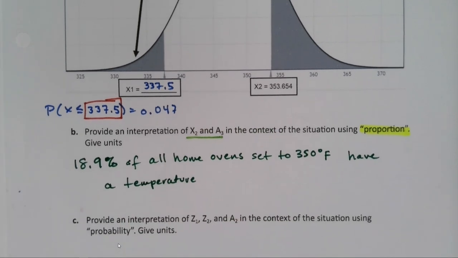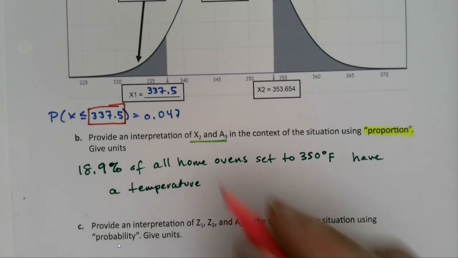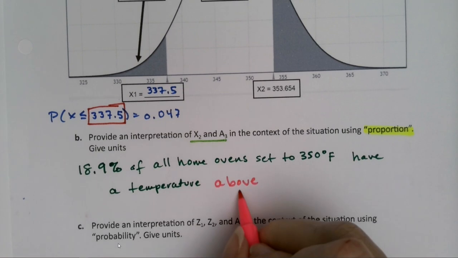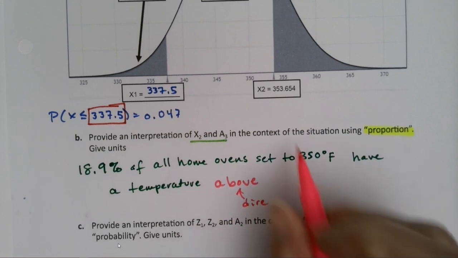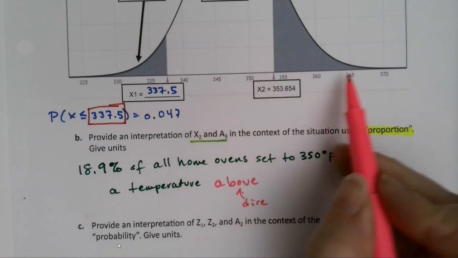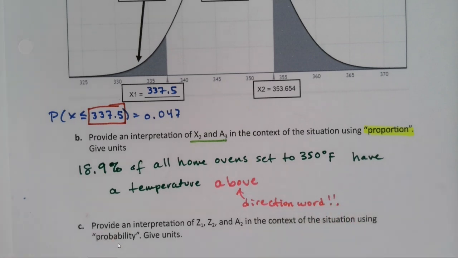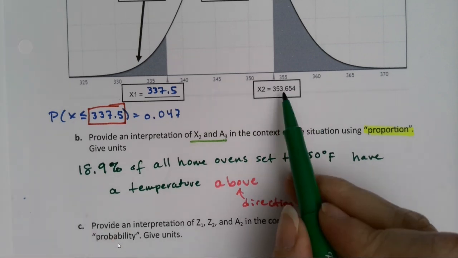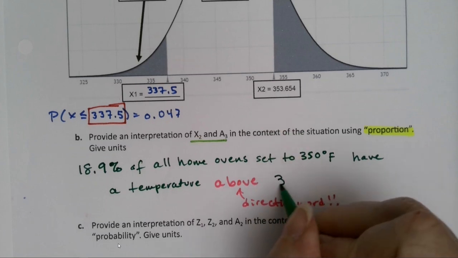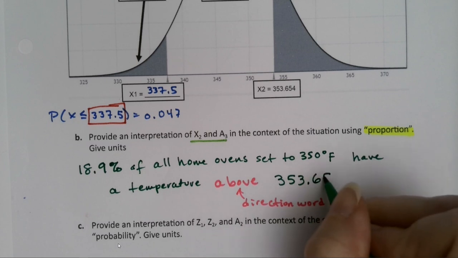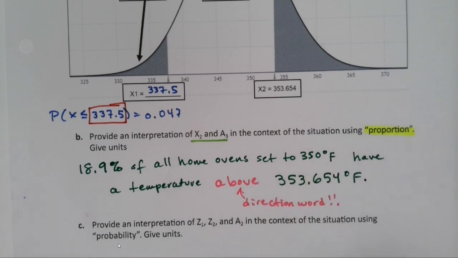We have to have a direction word, right? Temperatures above, right? Or more than, right? We need direction words. It's not the value, it's more than the value, it's the tail. Right? So above 353.6, oh, 654, I gave all the decimal places for degrees Fahrenheit.